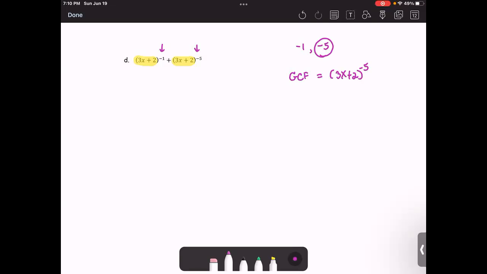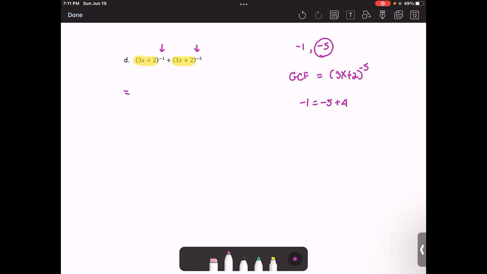Use a similar technique as the earlier example. We're going to rewrite it as a product of the same base, with the power of one of them being the GCF form. So negative 1 is negative 5 plus 4.